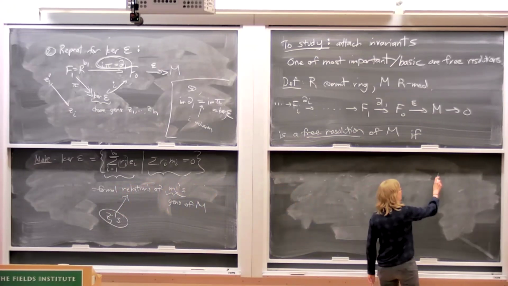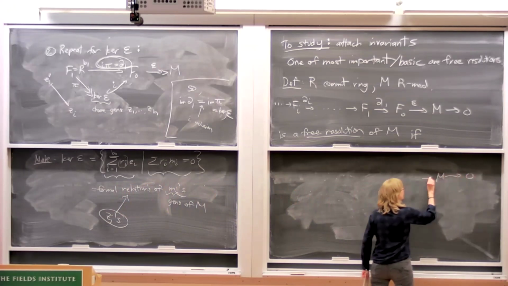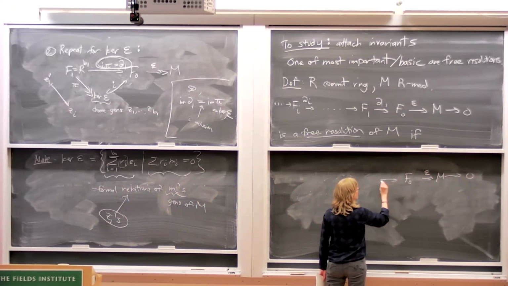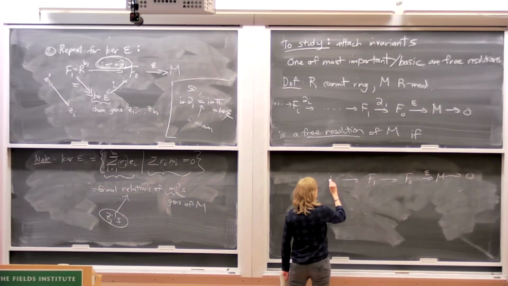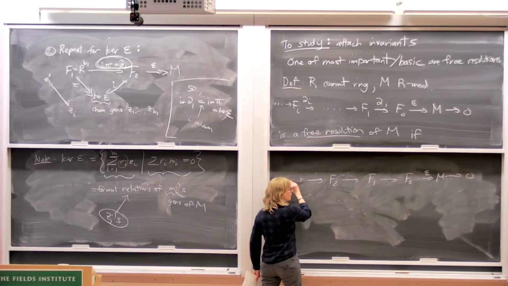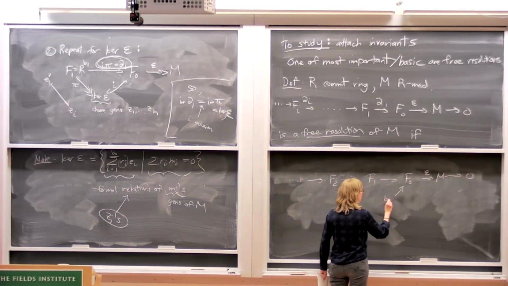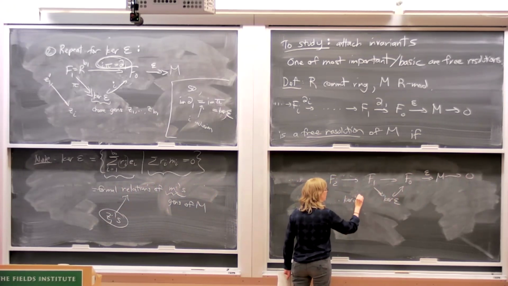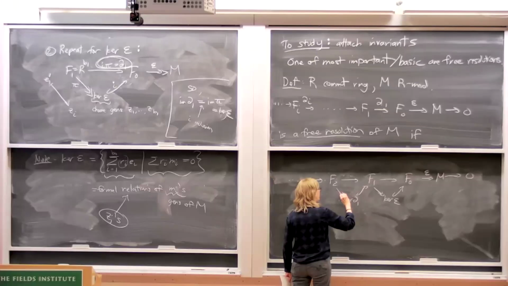So what we have now is M goes to 0. So epsilon, we have F0 that maps onto it. We have F1, F2, and so on. So this is the kernel of epsilon here, including in and surjecting. Now we have the kernel of boundary 1, including and surjecting.